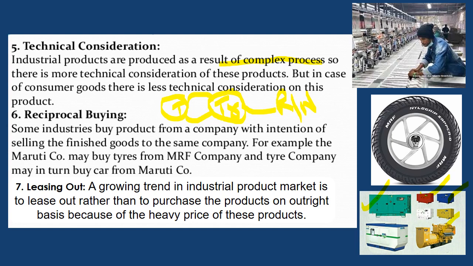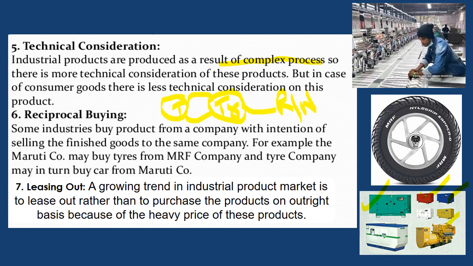Example: cement. Cement is something you can buy and start using for your building purposes and different other purposes. But the industry, the company which makes cement, does have huge plants and machineries where the end product or the final product of cement has to take place.